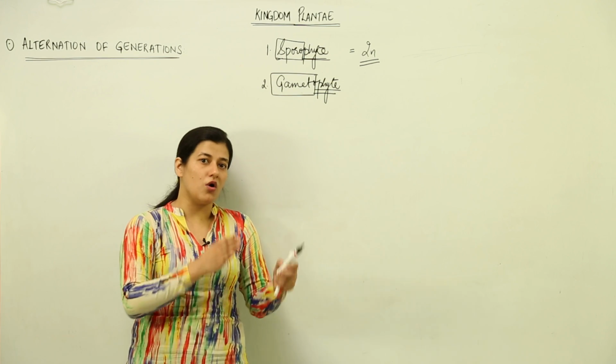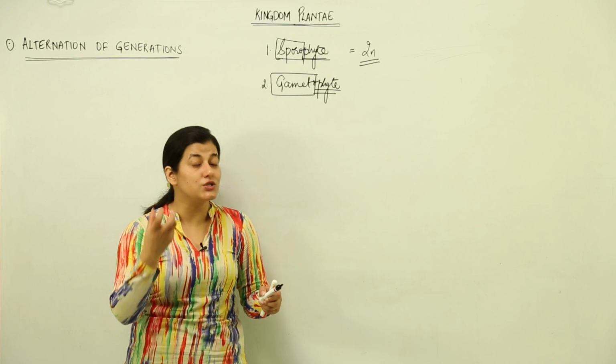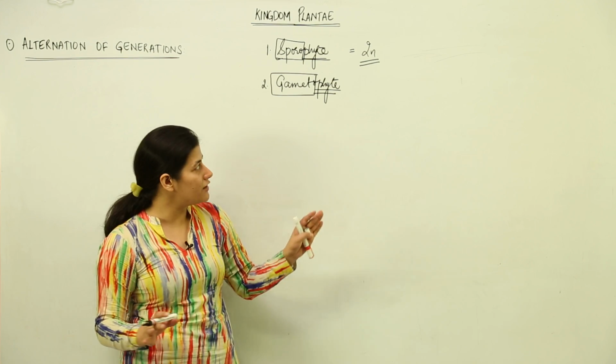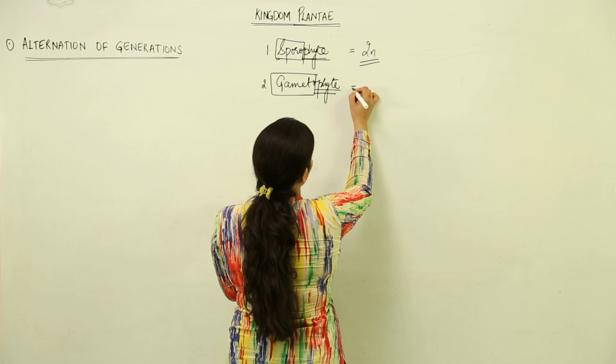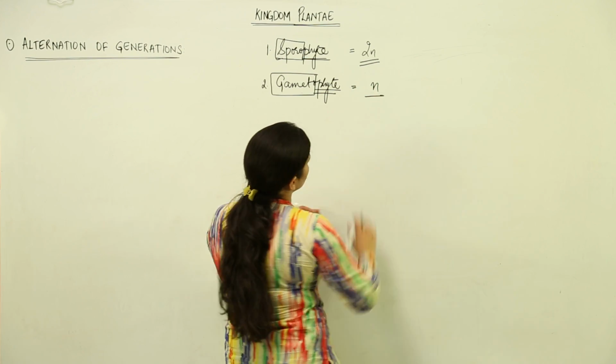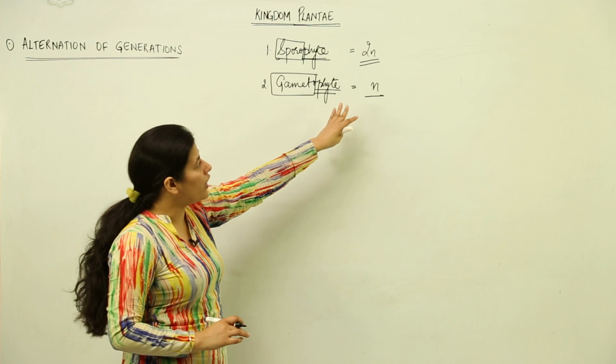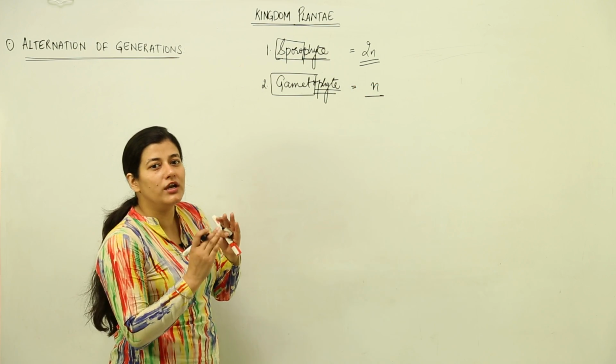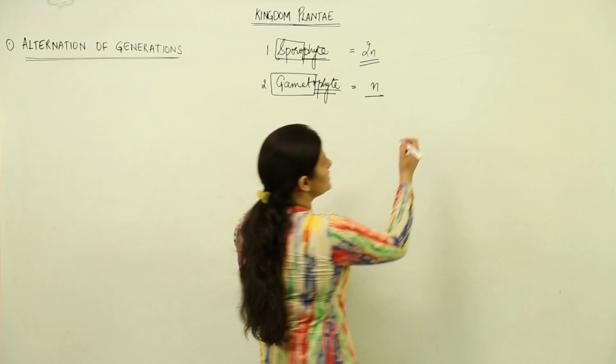But in case the particular gene does not need two alleles, and one allele is enough, then the plant body happens to be haploid, which is represented by n. Now what does this n represent? This n represents the haploid chromosomal content, that is known as the genome.